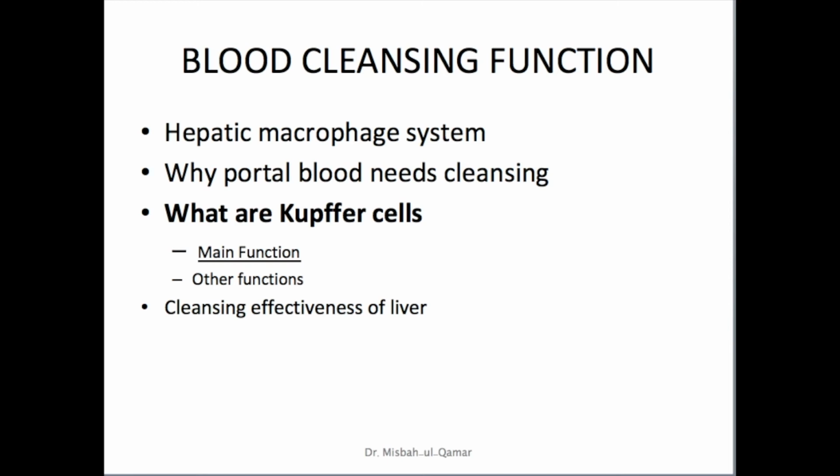Cellular debris, viruses, proteins, and particulate matter in blood are also phagocytosed. There are some other functions also performed by Kupffer cells, like the processing of antigens and the release of various proteins, enzymes, cytokines, and other chemical mediators.